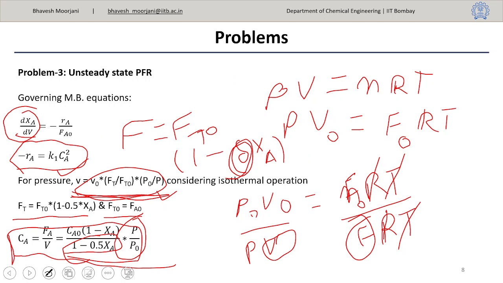So in my reaction part, which is the first ODE, the change in conversion of A with respect to volume, I have a rate term which includes CA, which I understand from modeling my PFR, and I get to know that it's also dependent on the pressure part. Now it has been known that pressure is also changing, so how to model that?